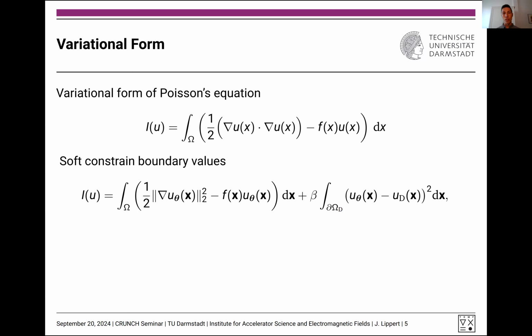Then we penalize this error with a penalty parameter beta. So at the end, the boundary values will be learned. However, it's only soft constraints, so the function will not have exact boundary values.